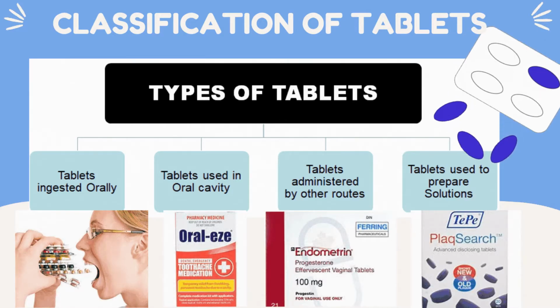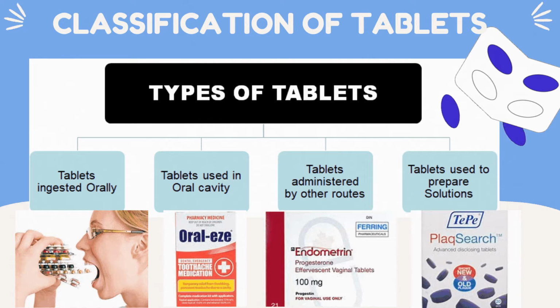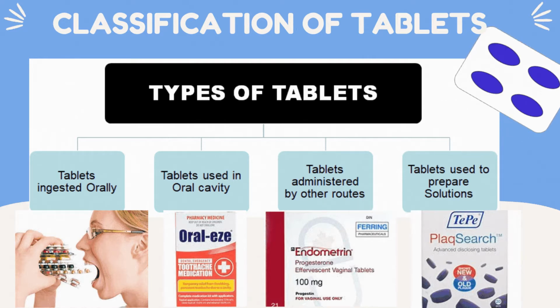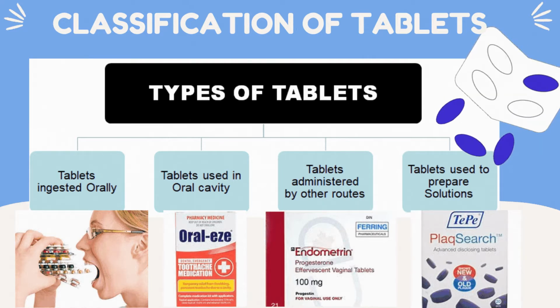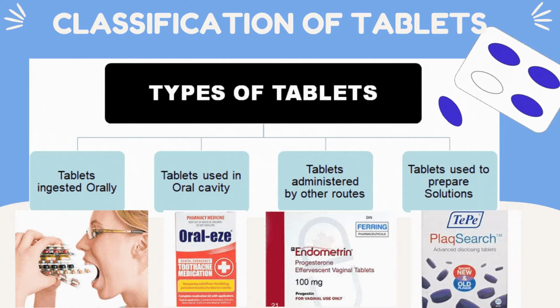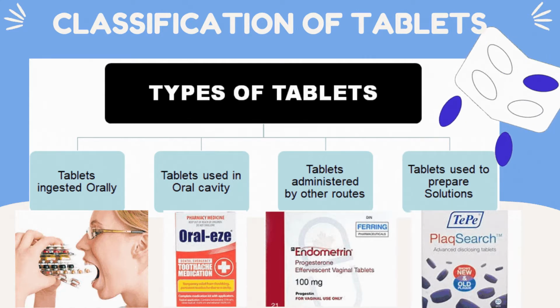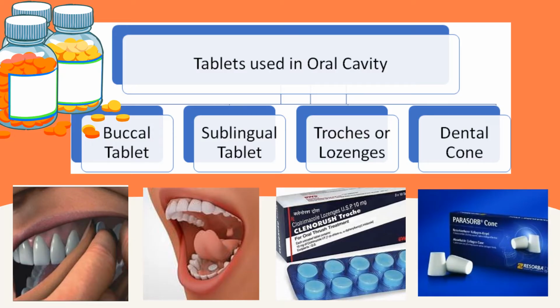Talking about the classification of tablets, tablets are of different types, ranging from the tablets which are ingested orally or the tablets which are used in the oral cavity. Some tablets are administered by routes other than the oral route, like vaginal tablets, and tablets used to prepare solutions.